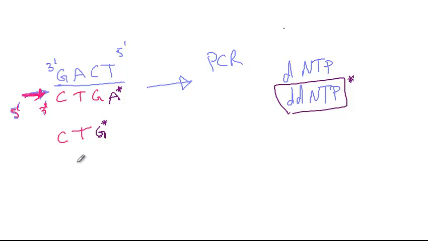The third scenario is that we get C and the next molecule is again a dideoxynucleotide, so we can't add any more nucleotides. And finally, the last scenario is that our very first nucleotide is a dideoxynucleotide, and so nothing more will be added. So now we have 4 different PCR products whose difference between them is only 1 nucleotide.